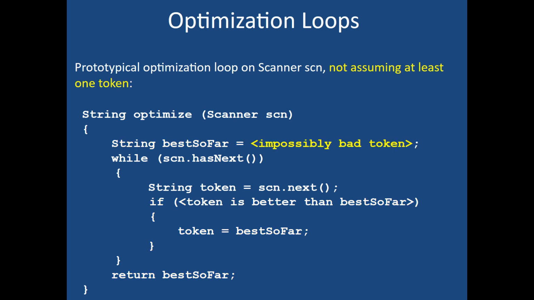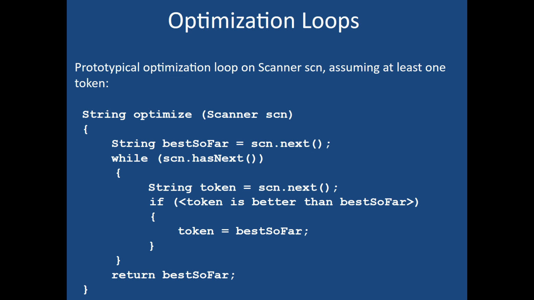Otherwise, you do that. This is kind of unusual in that we call scan.next here, and we call scan.next here. So this removes the first element that we're assuming is there, and this gets the rest of them.